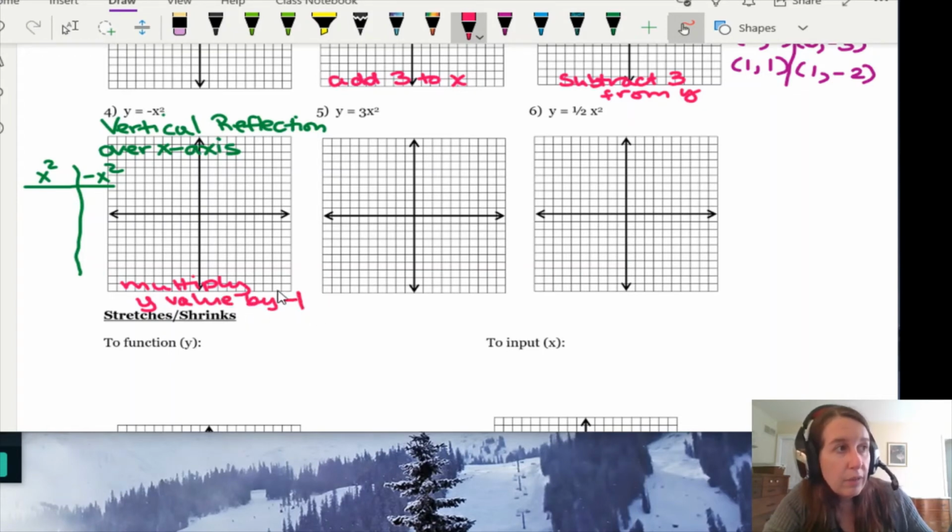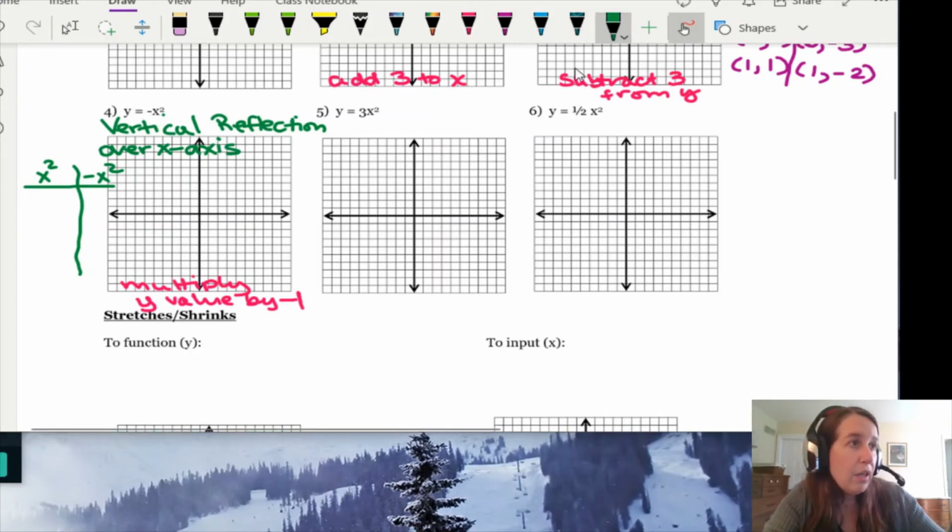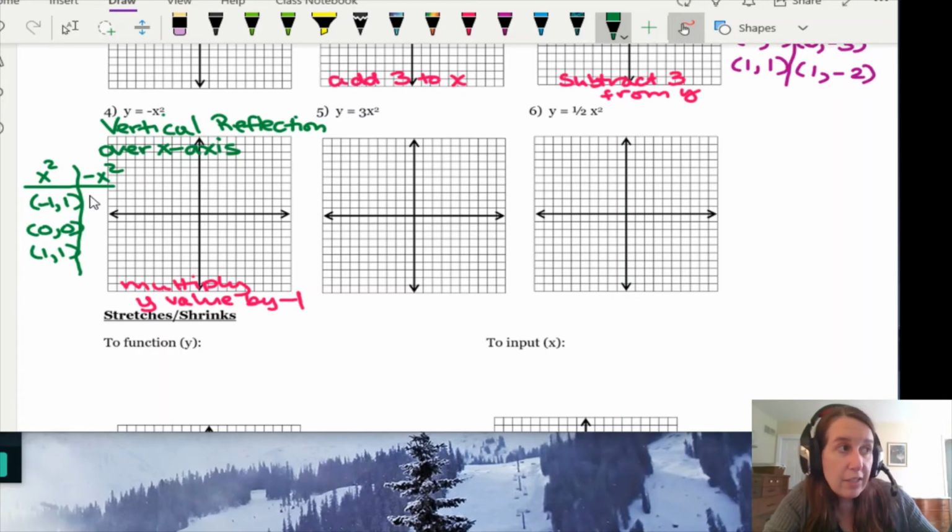We're just multiplying the y value by that negative sign. Our original points were negative 1, 1, 0, 0, and 1, 1. Now our x's stay the same, and our y's are the opposite. The negative of 0 is still 0. So I'm making all the y values multiply by negative 1.